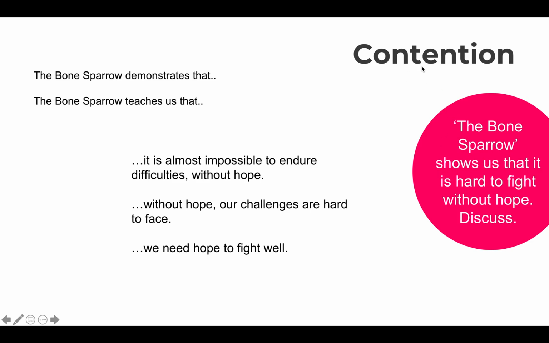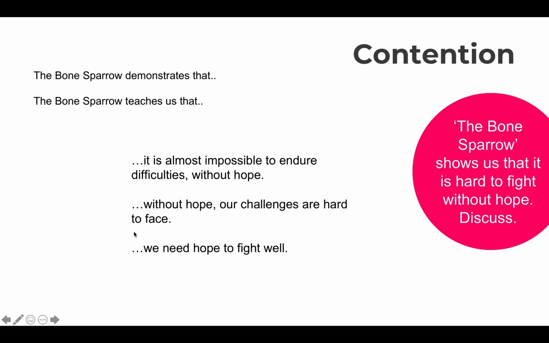So up here you'll see the contention. This is the question. We know the question. And what we're going to do is then put that into our own words, agreeing, okay? So we would say maybe the Bone Sparrow demonstrates that, or you could say the Bone Sparrow teaches us that. That's the same thing as saying shows us, but you're just using different words, demonstrate, teaches.